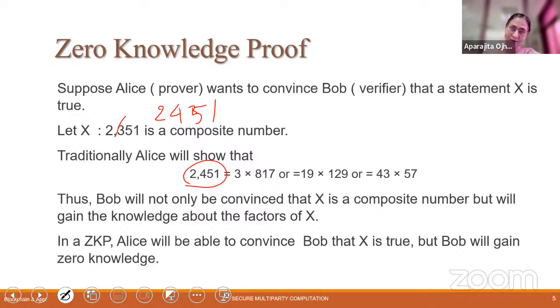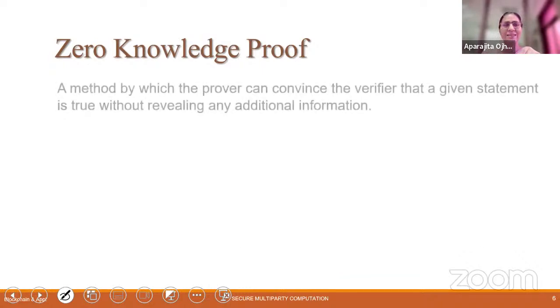Naturally, it cannot be a deterministic way of proving it. Let me first define it. A zero knowledge proof is a method by which the prover can convince the verifier that a given statement is true without revealing any additional information. So I show the system that I am using the right password.